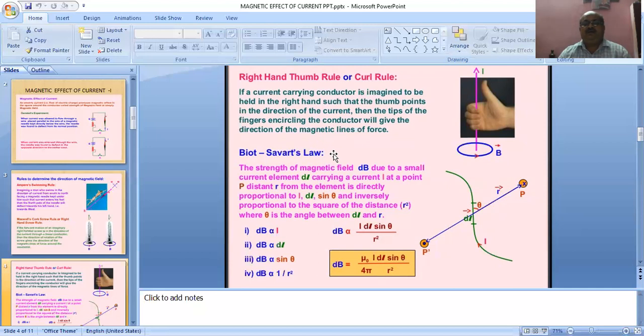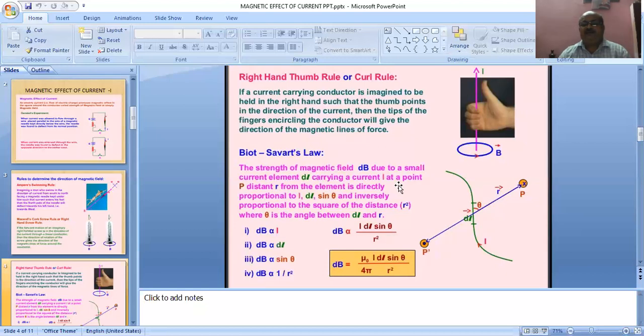One thing you should know is that we cannot find magnetic field at a point due to the whole conductor directly. So firstly, we need to find magnetic field at a point due to an elementary portion. And this is done using Biot-Savart law.